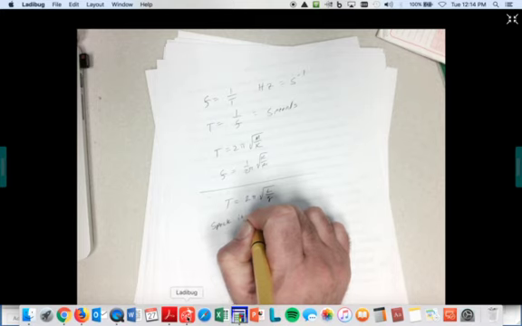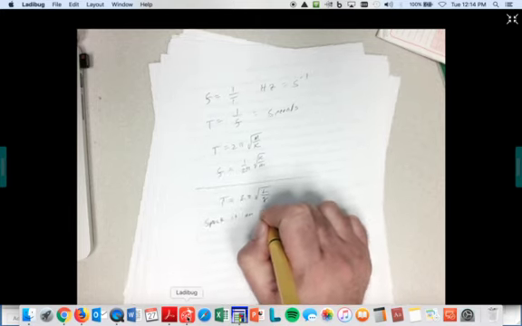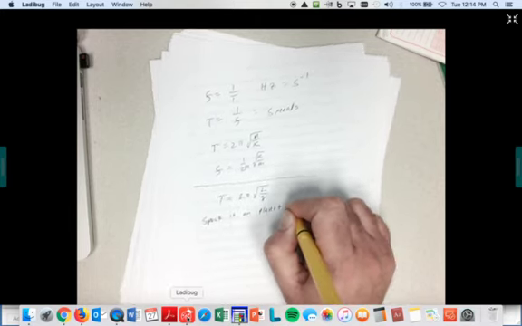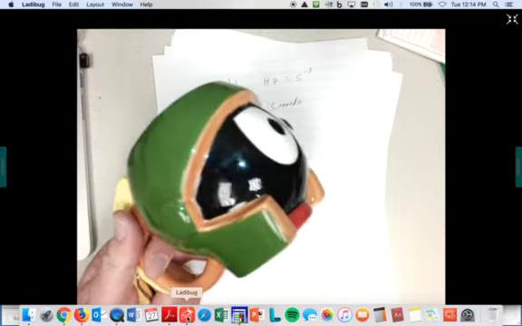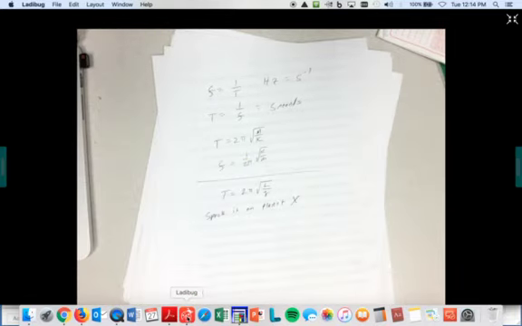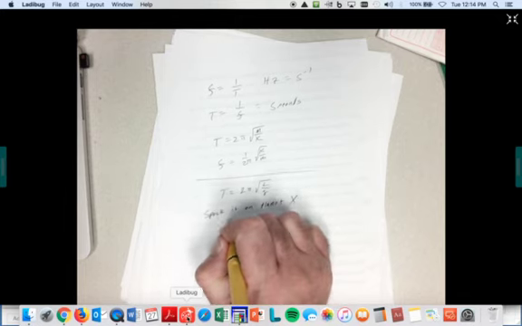All right? So let's say Spock is on planet whatever, planet X, with Marvin the Martian, my coffee mug here in the office. He's on planet X. Now he wants to know what the pull of gravity is on planet X. So he gets a pendulum going, and he measures that pendulum.